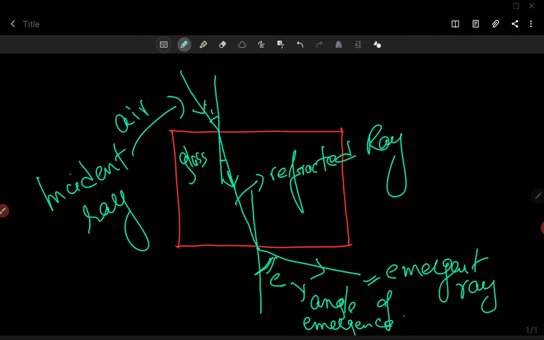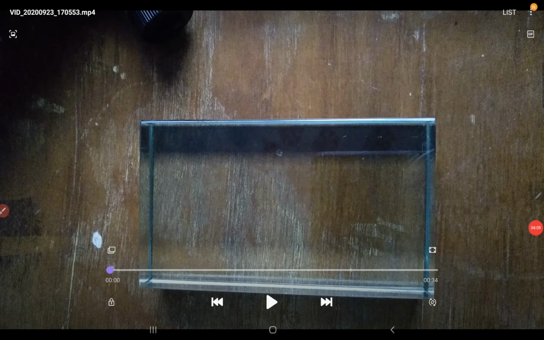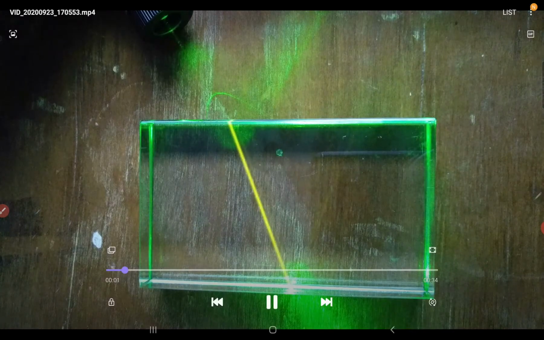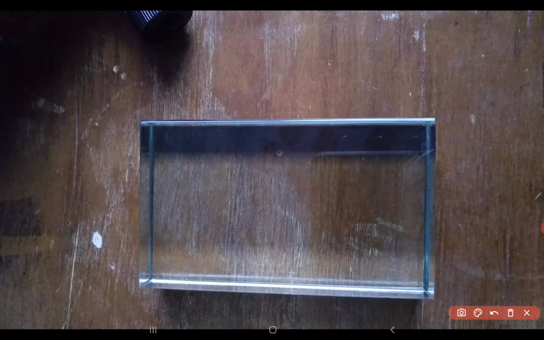So these are the few things about the refraction of light through a glass slab. For better understanding, I again made a clip, so you can watch the clip also. This clip was played in the earlier videos also, so I'd like you all to watch this particular clip again. Here you can see the incident ray hitting the glass slab, and you can see the bending of light also.